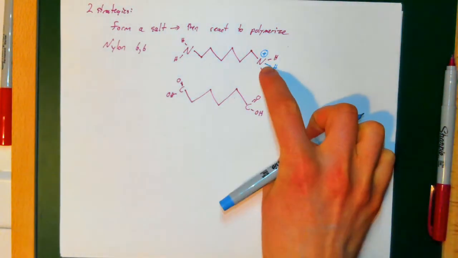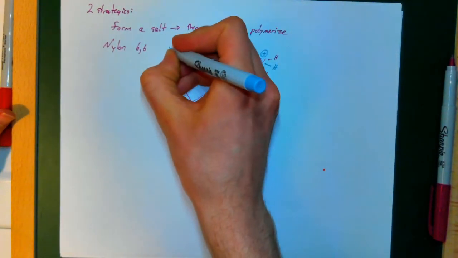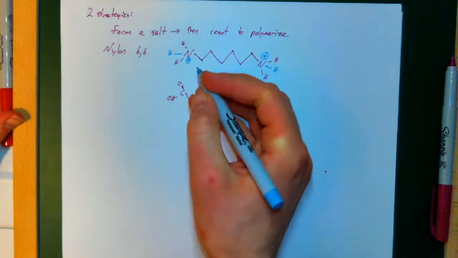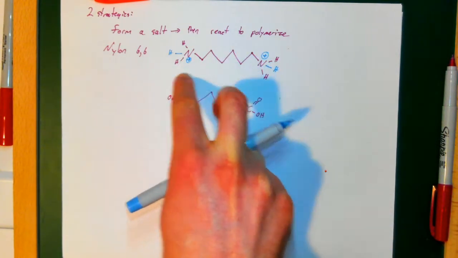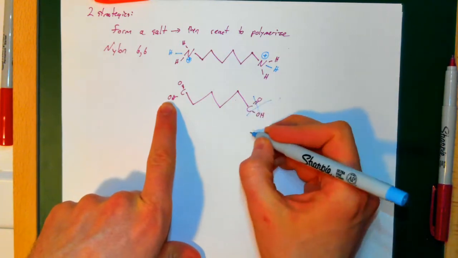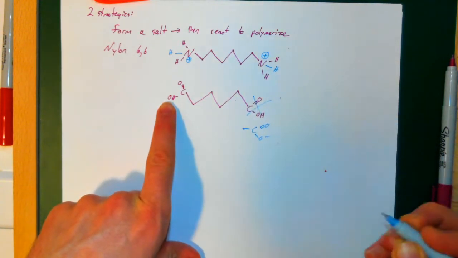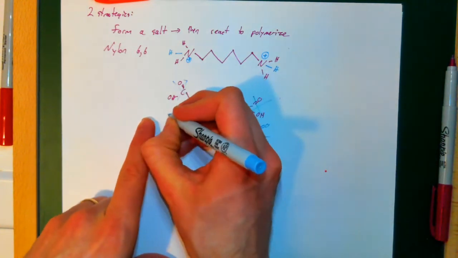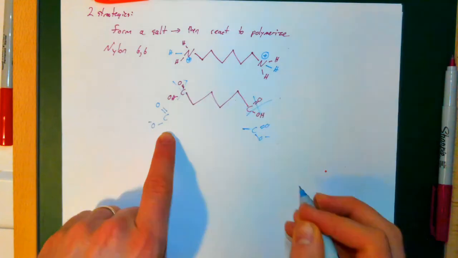So basically, an H plus hitches a ride on here and on here, giving a 2 plus charge to this overall molecule, and these become COO minus.